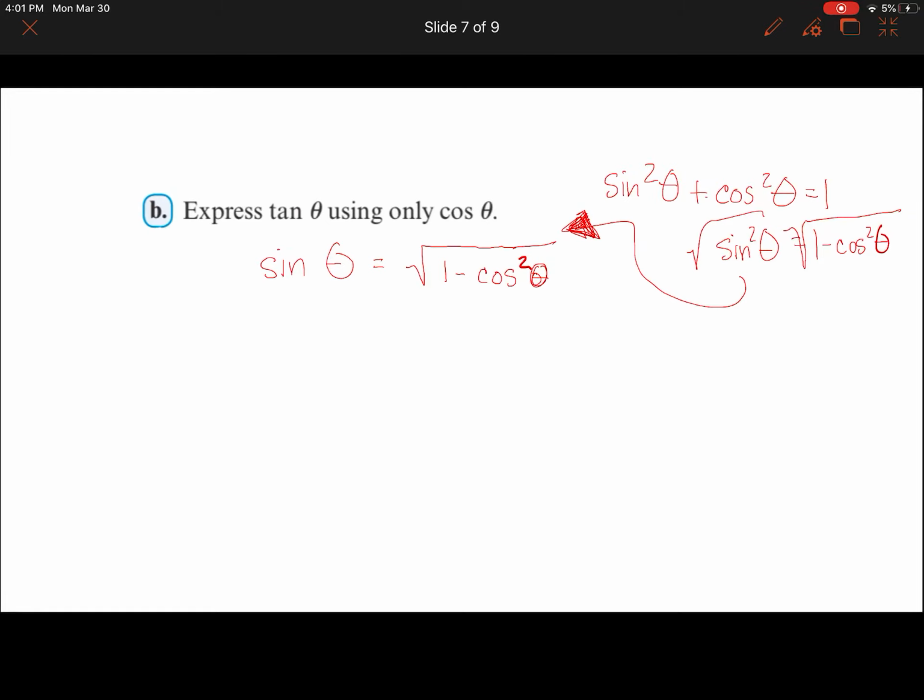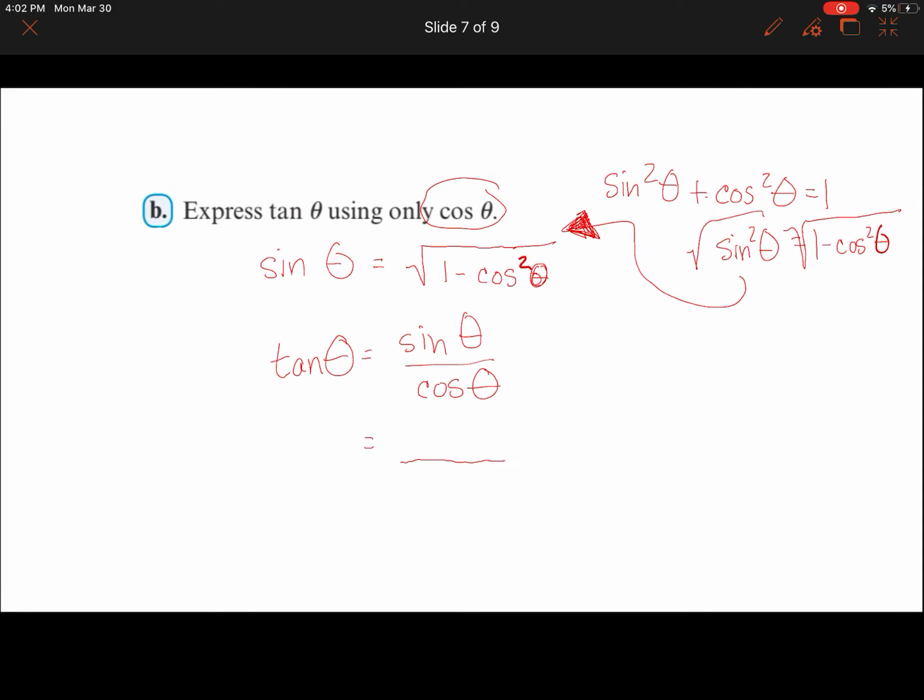The next part, we're going to just substitute this into the tangent identity, because now we want only cosine showing. We don't want any sine showing. So we take our tan theta, and we have sine theta over cosine theta. That was in our identities that we wrote down in the beginning.